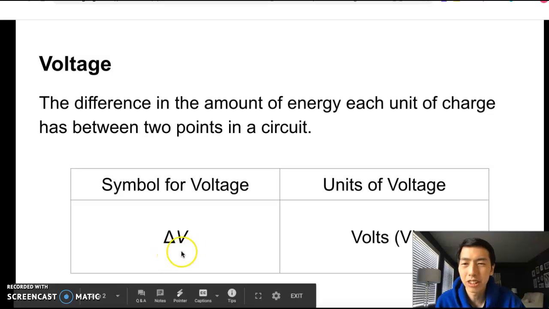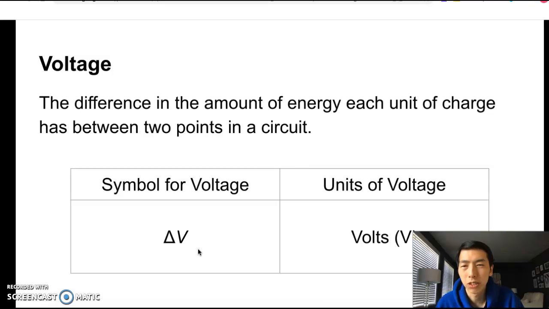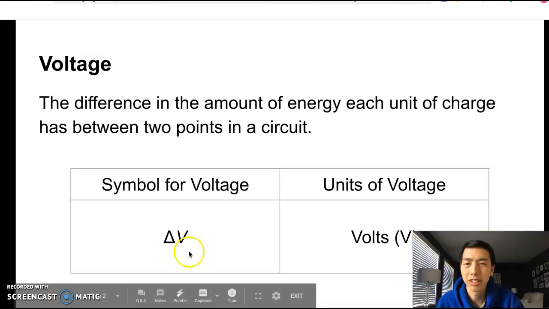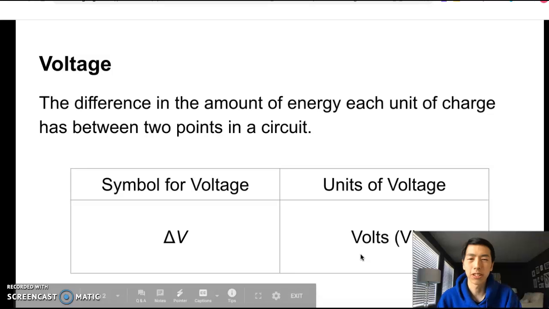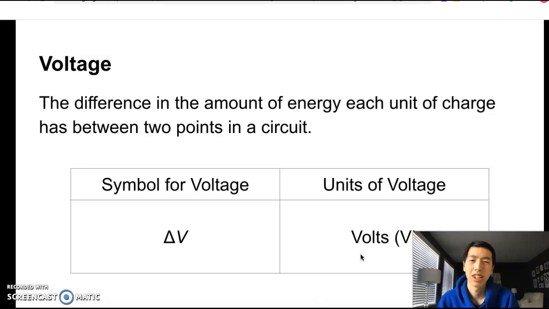So this says delta V, and that's what we write as our symbol for voltage. So instead of writing the full word voltage, we're just going to write delta V. And voltage has a unit of measurement, and that happens to be volts. Okay, so voltage is measured in volts, and the symbol for volts is V.